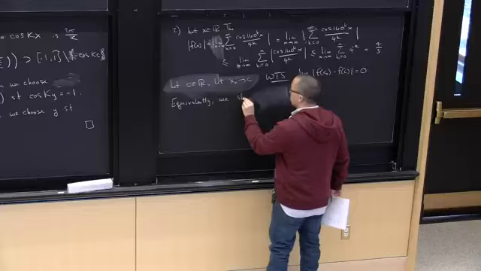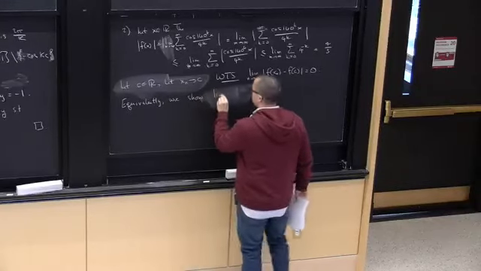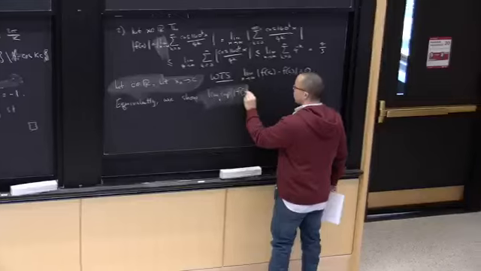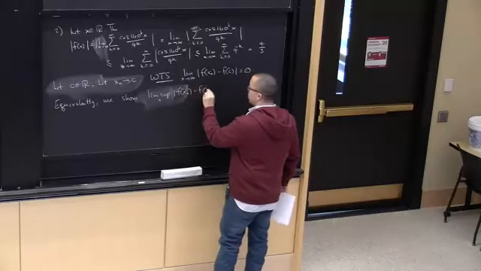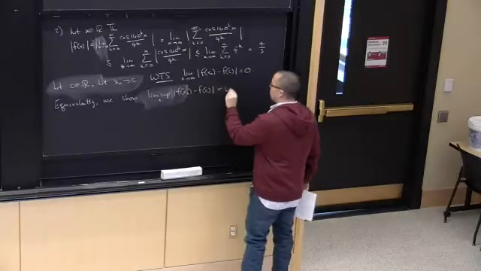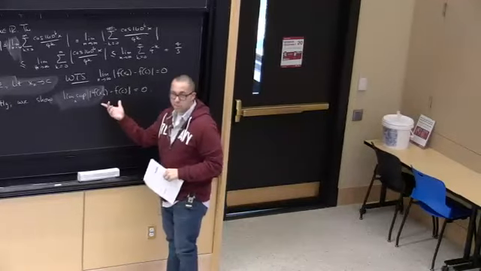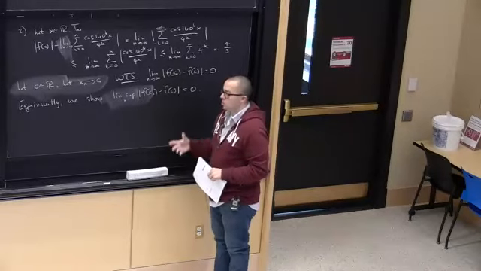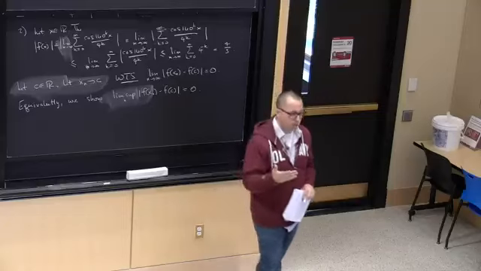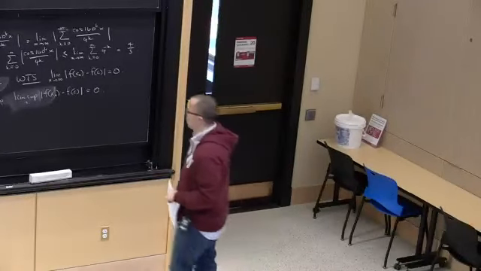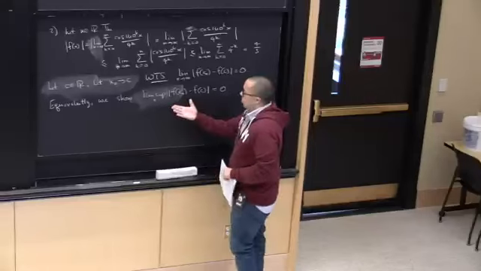So equivalently, we'll show that the lim sup of the absolute value of f of x_n minus f of c equals 0. All right? This thing always exists for a bounded sequence, which is one of the reasons lim sup is so useful: they do always exist.